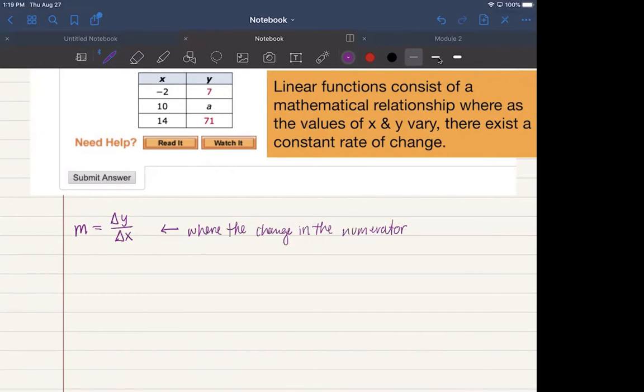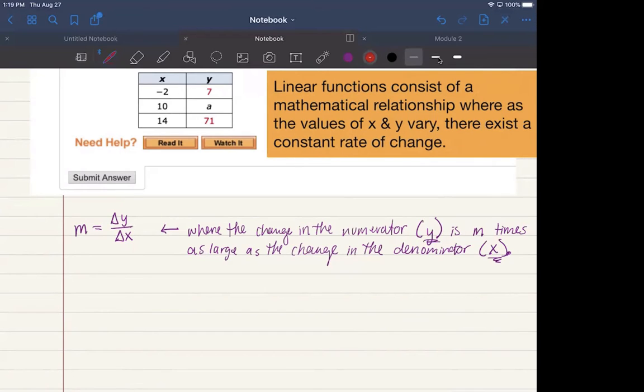So the change in the numerator, y, is m times as large as the change in the denominator, which is x, okay?